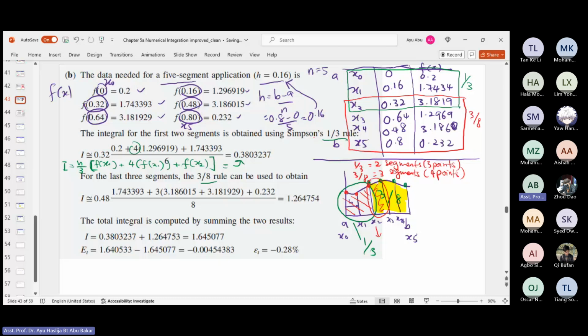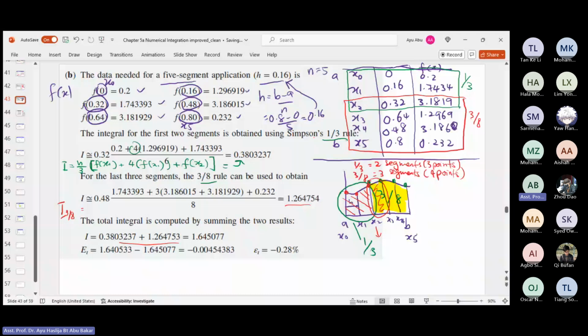Okay, so this is for 1/3, and for 3/8 using the equation of 3/8, you get this value of integration. Then after you obtain both integration values for both rules, you sum them all together.